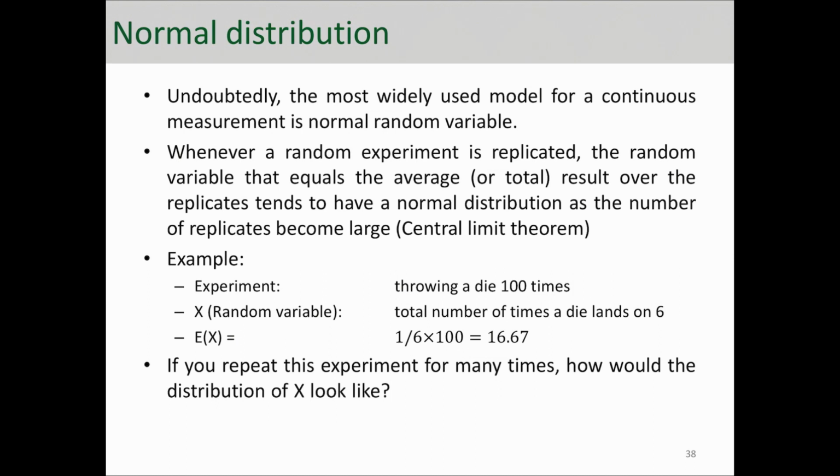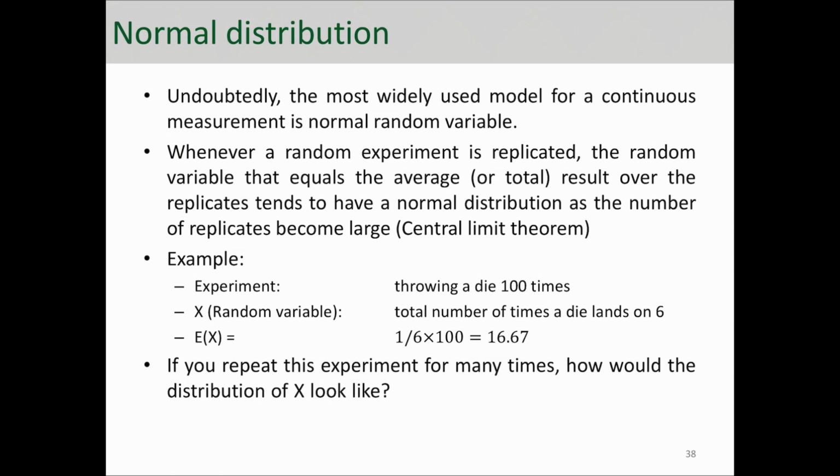So if you were to calculate the expected value of X, which is the expected value of the total number of times you get a 6, it's going to be 100 times 1 over 6. So on average, you're expecting to see 16 or 17 times that the die lands on 6 in that experiment.